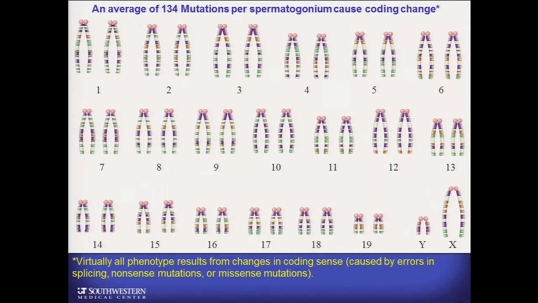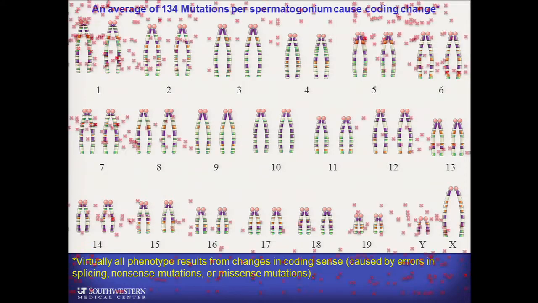We know that in the average surviving spermatogonial cell, there are an average of 134 mutations that cause coding change. And that's a very precise number, and I'll come back to it a bit later and tell you how we know it. We know also that virtually all phenotype results from changes in coding sense and not from remote intergenic changes in the genome.